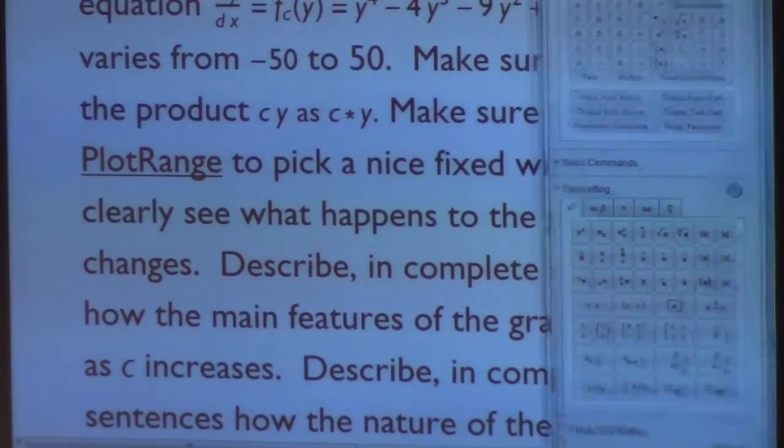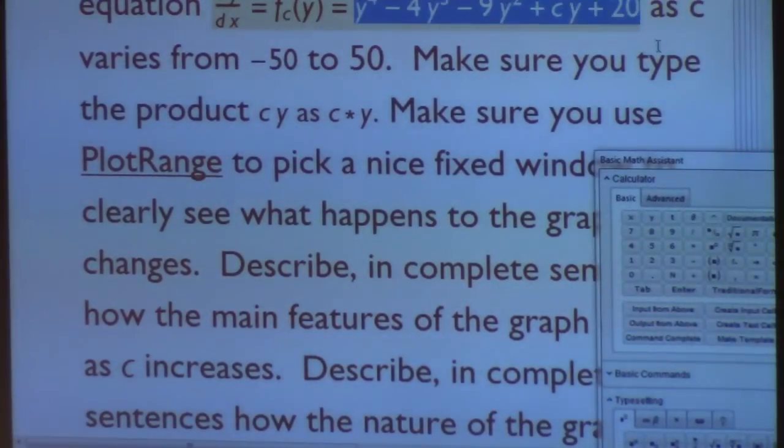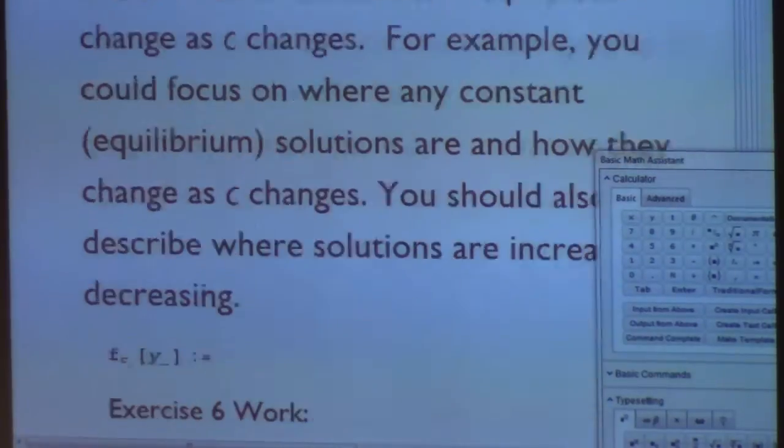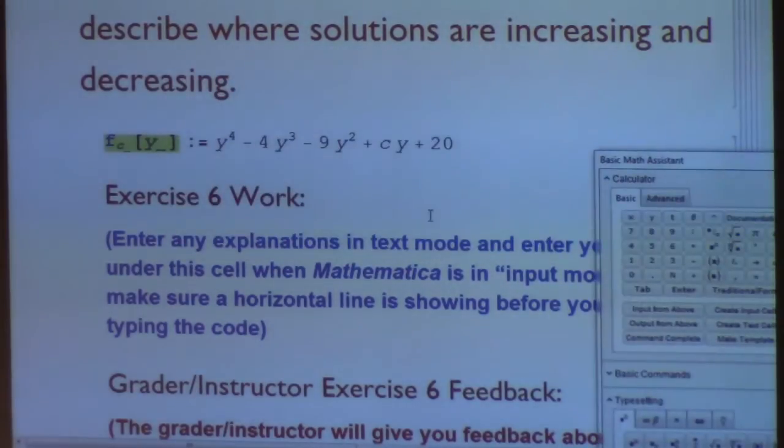Let's see, can you just copy and paste this? It might paste it as traditional form, and that might not work, but let's see what happens. Paste literal. Let's see what happens. Nope, that's not good.